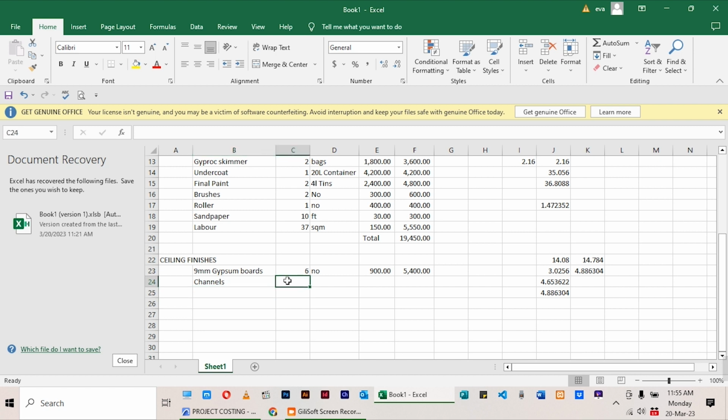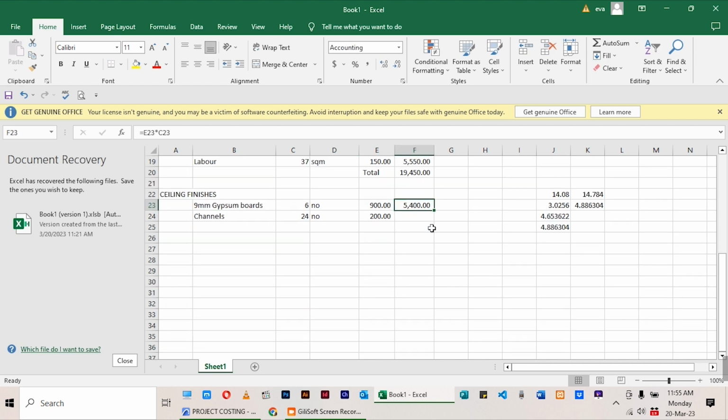So multiply 6 by 4 gives you 24 channels number, and the channel per price in Kenya currently is 20 shillings. Drag here.